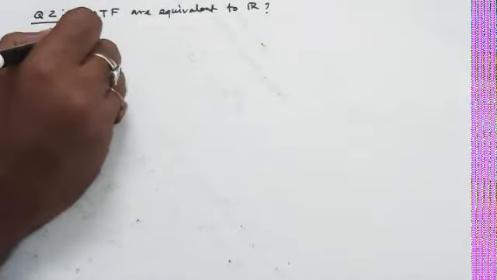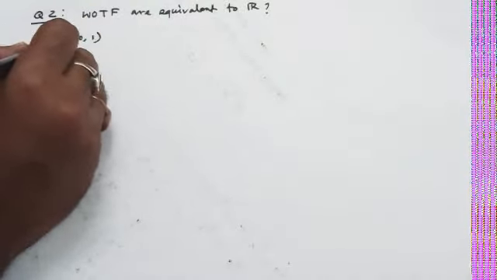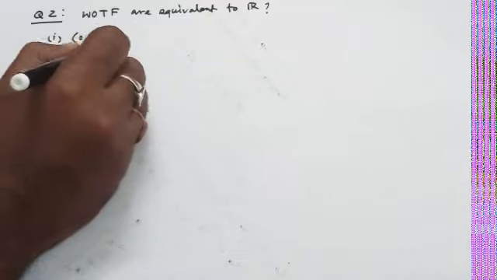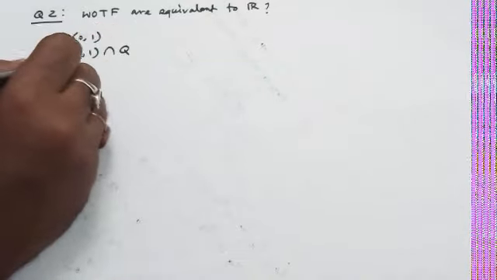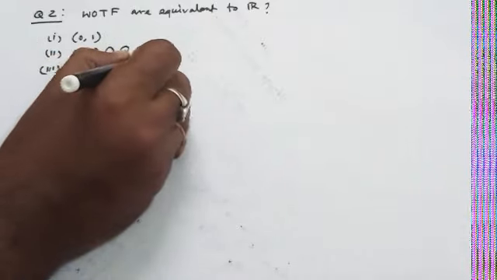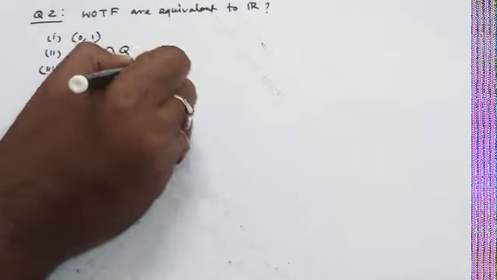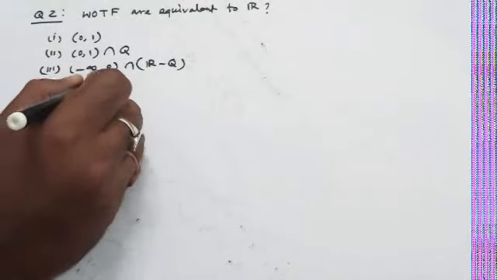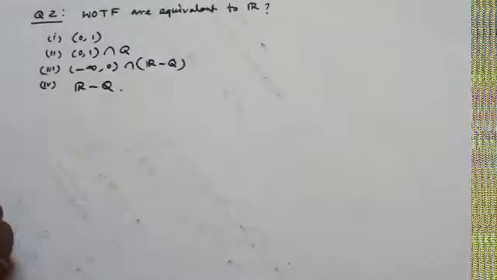First one, (0,1); second one; third one, R minus Q, this is intersection; and fourth one, R minus Q. Okay, that is also maybe an MSQ type of question.